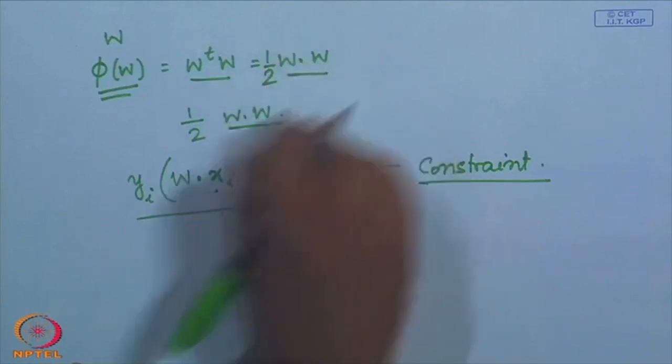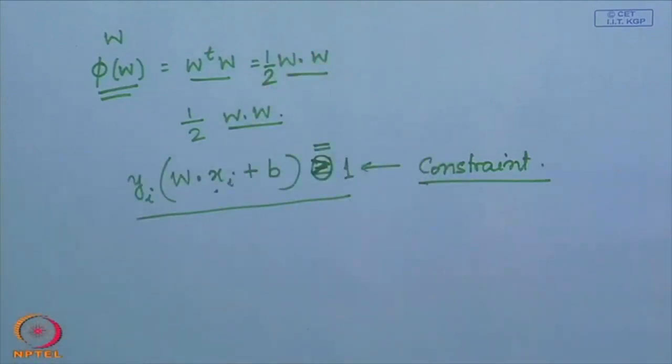So, because it is a constrained optimization problem, this problem can be converted to an unconstrained optimization problem by using the Lagrangian multiplier.